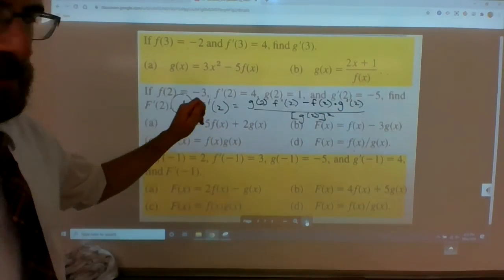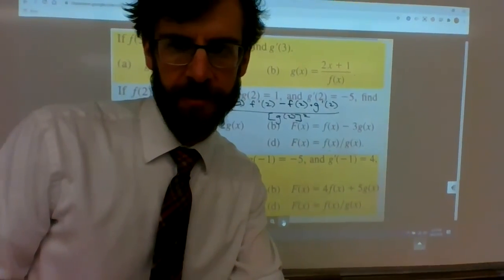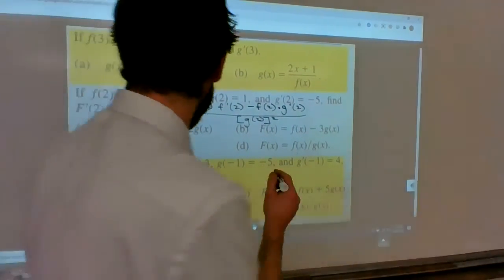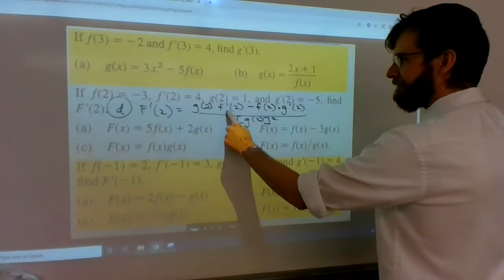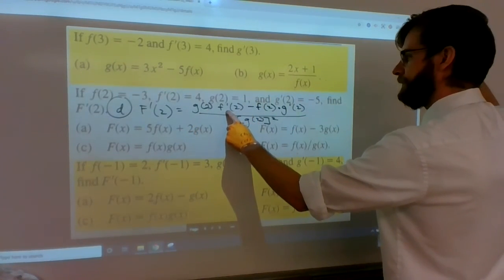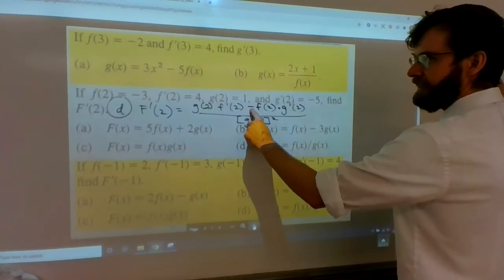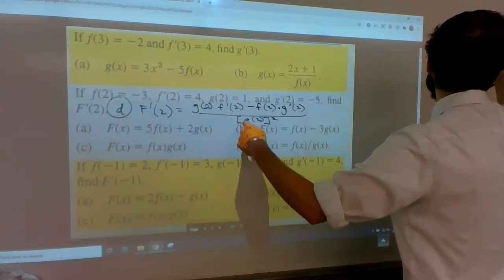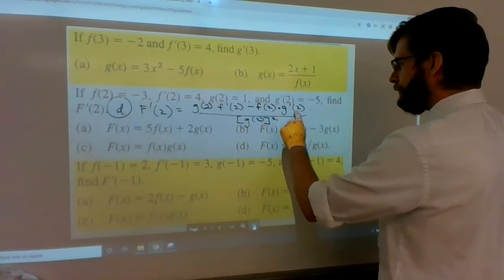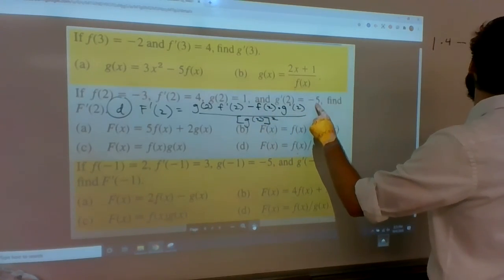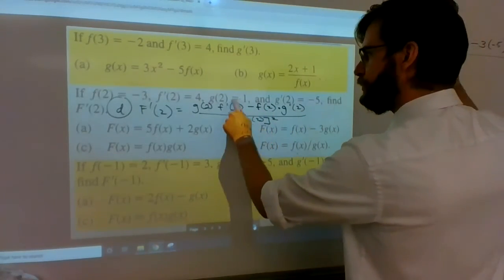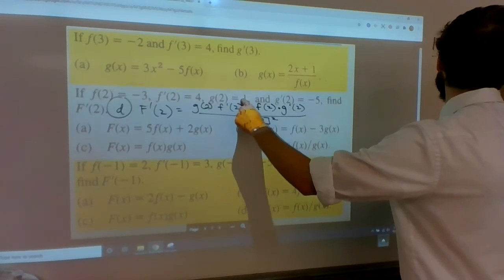So that gives us, maybe I'll come off to the side here, need some more room. G prime is 1. F prime of 2 is 4. Minus F of 2 is negative 3. G prime of 2 is negative 5. Divided by G of 2 is 1 squared.